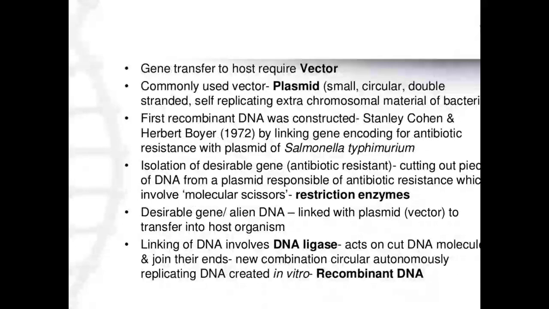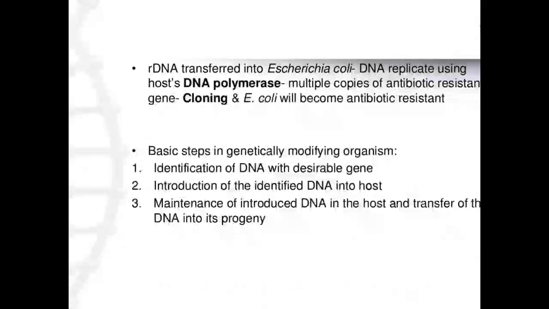The DNA molecules join their ends, and the new recombinant, circular, autonomously replicating DNA is created in vitro. So it is known as the recombinant DNA. It is made by human beings, made by scientists.